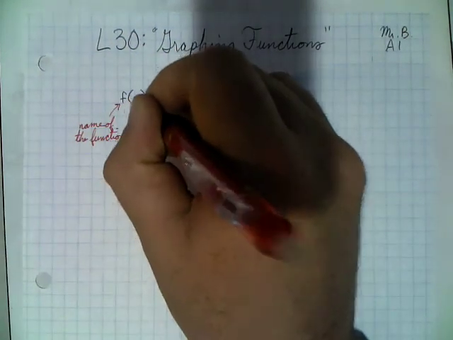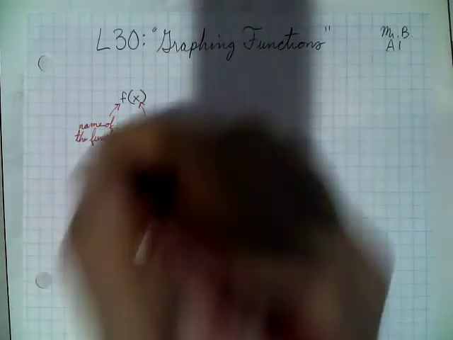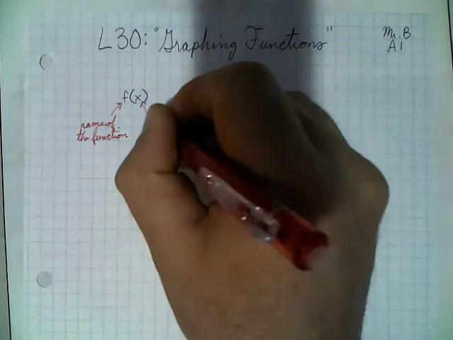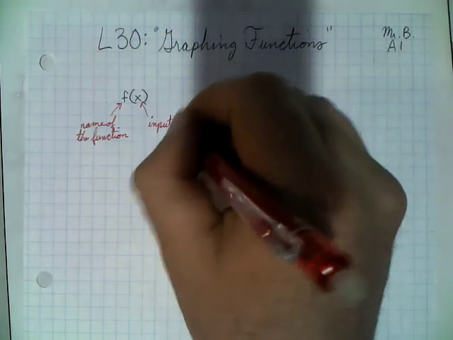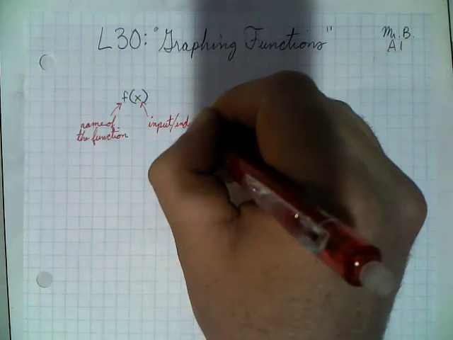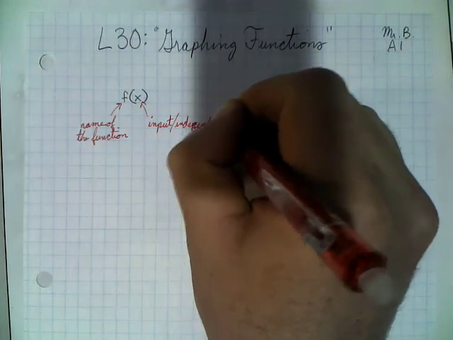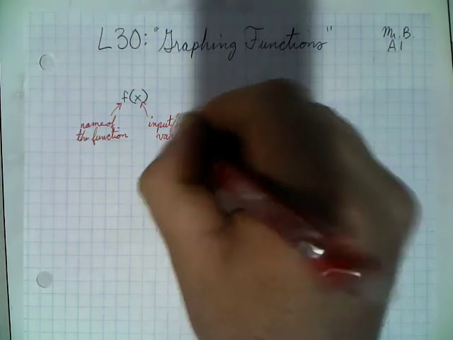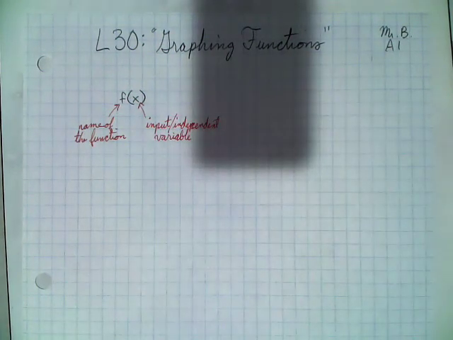Whereas x here is the input, or independent variable. So in this case, the parentheses, unfortunately, aren't really communicating multiplication.